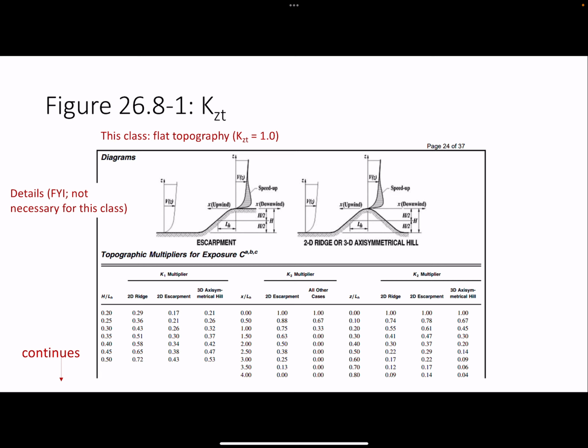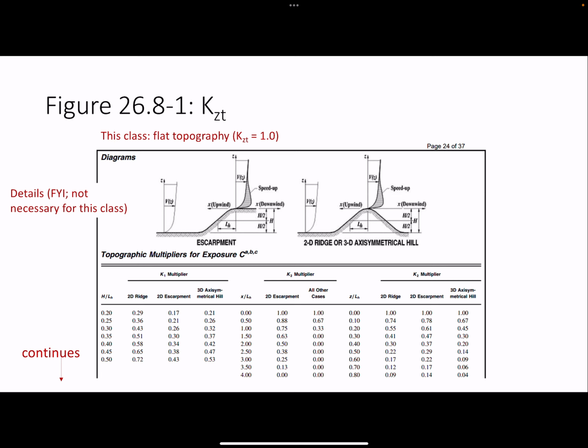And based on this factor, H over LH, where H is this distance, the total height change in land around you, and LH is this distance here, basically half the length, you would determine your K1 multiplier.